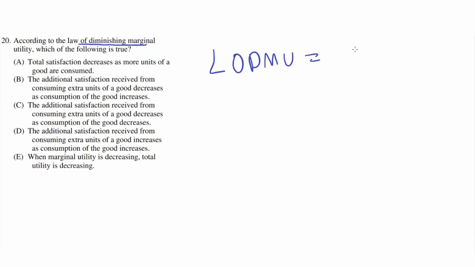This law is simply that as you consume more of one type of good, the marginal utility starts to decrease. Let's draw a simple table to give an example.